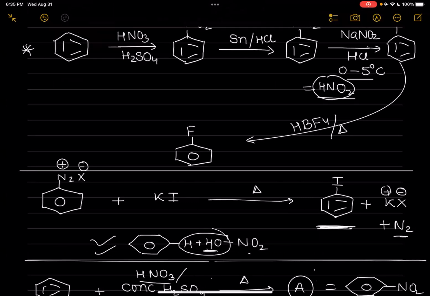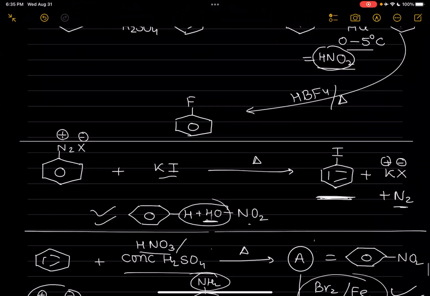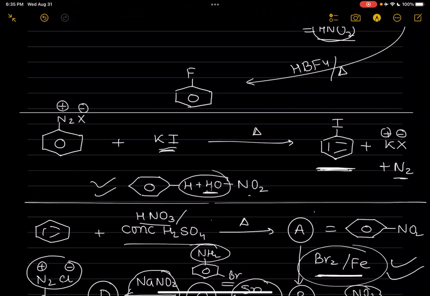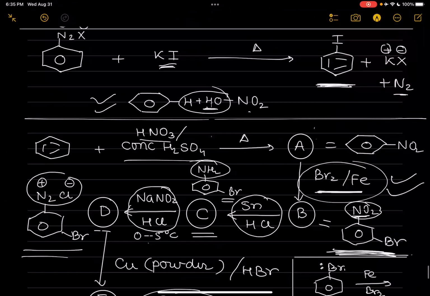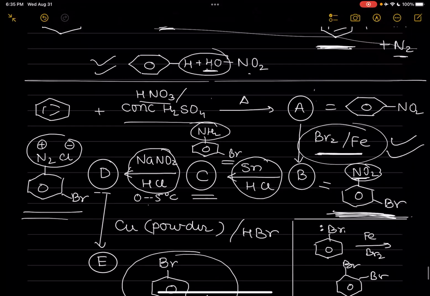Same is with iodobenzene. Iodobenzene you can't get directly because the reaction is reversible. So in that case, you prepare the diazonium by this whole process, and you heat it with KI. That's what we discussed. Okay, clear?